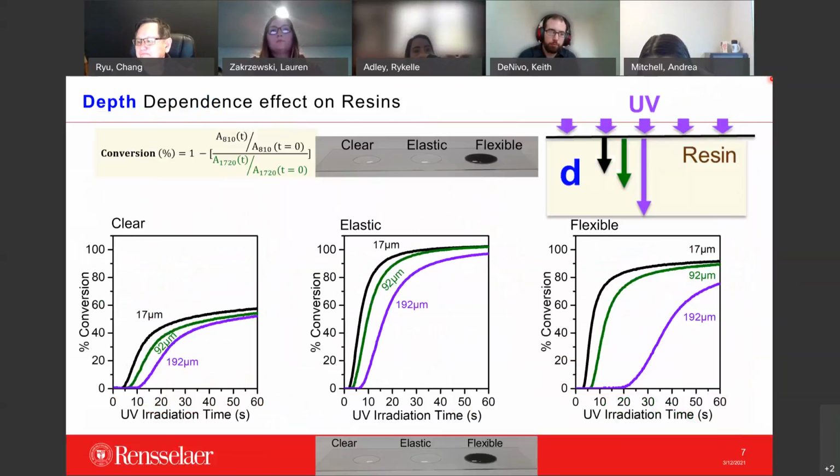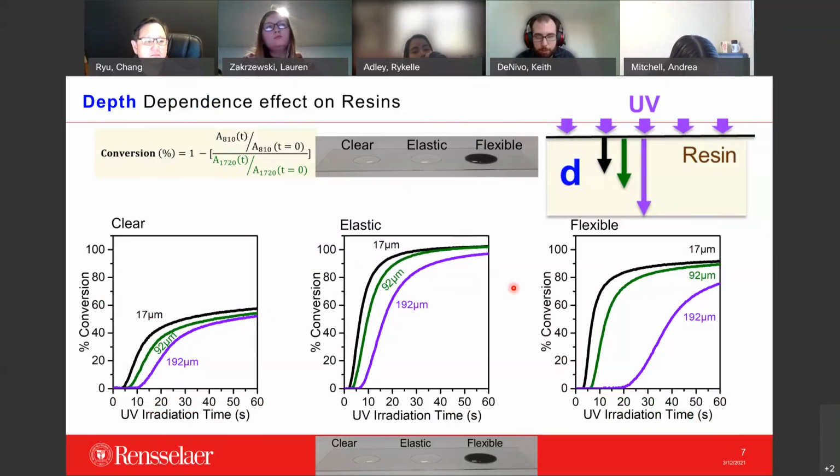So if we look at how many double bonds were converted, or the percent conversion, for the clear, during its polymerization, the double bonds were only converted to about 55% into single bonds. The elastic had the highest amount of conversion.